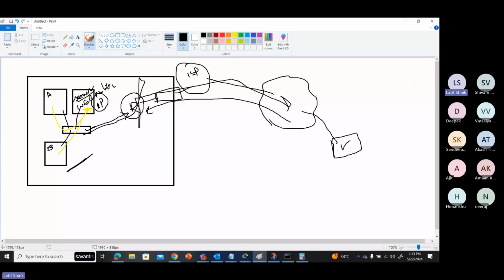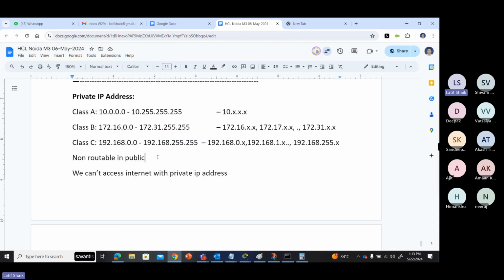So the point is public IP, that story, the second part I will tell later. But I told you one thing that is called private. Within the private network, we don't need to buy an IP address. These IP addresses we can use without any payment.